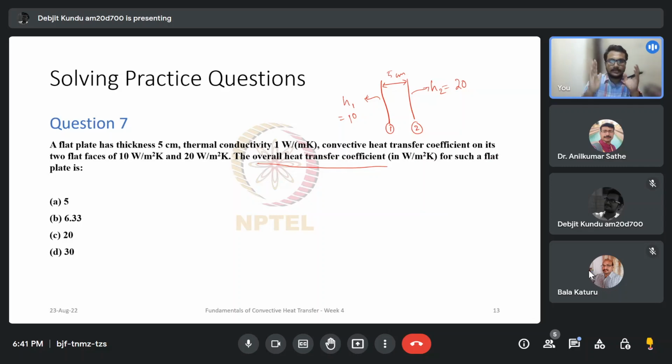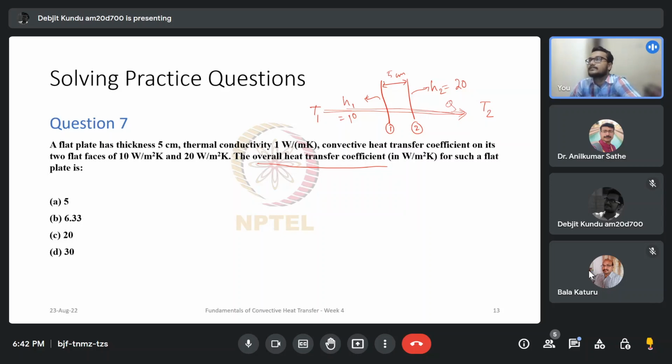This is very simple. There are three ways in which heat flow is being resisted, so we can use the electrical circuit analogy and try to figure out the overall heat transfer coefficient. Let's do this. There is a temperature T1 over here and a temperature T2 over here, and heat Q is trying to flow from the left side to the right hand side.